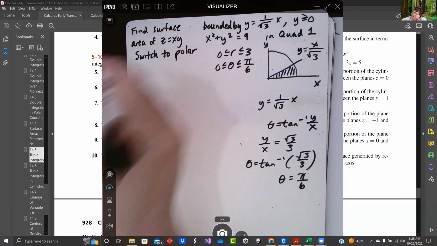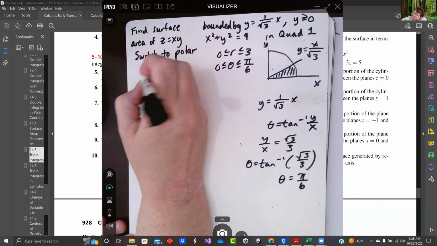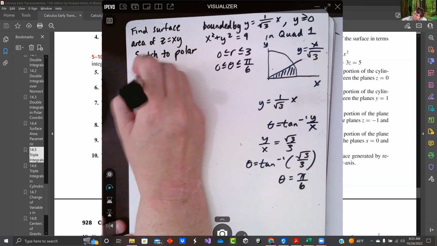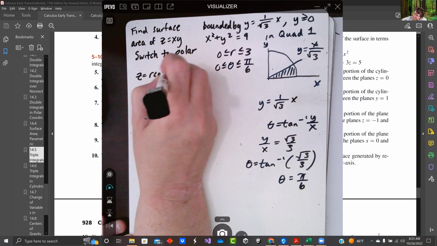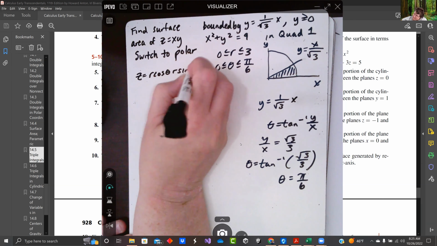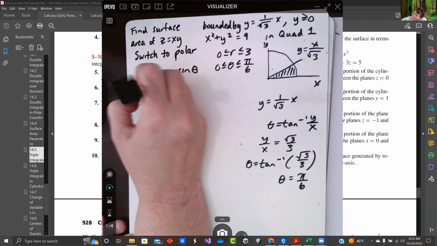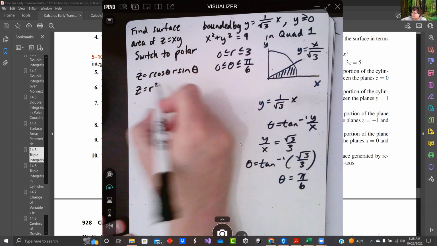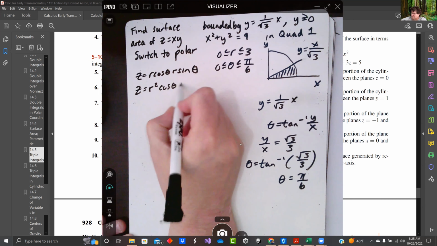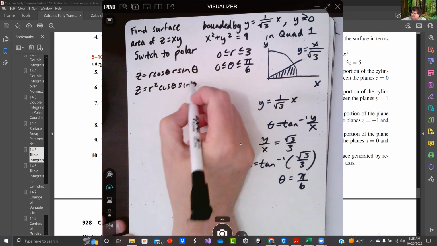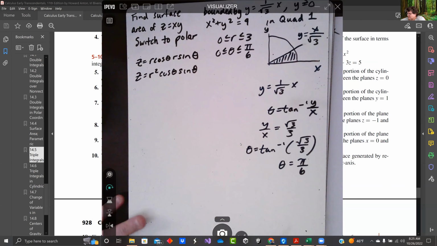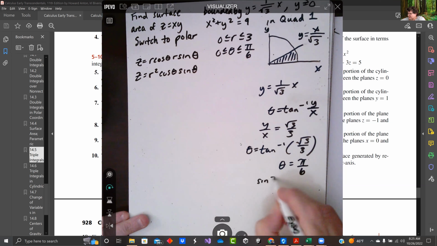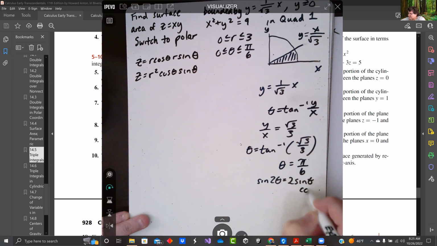So let's rewrite our equation. I've got z equals r cosine theta times r sine theta. So z equals r squared cosine theta sine theta. And if we want to get it down to one trig function, we could take advantage of sine 2 theta being 2 sine theta cosine theta.